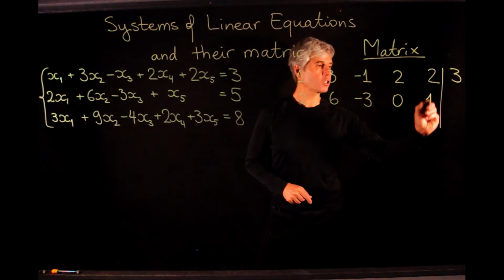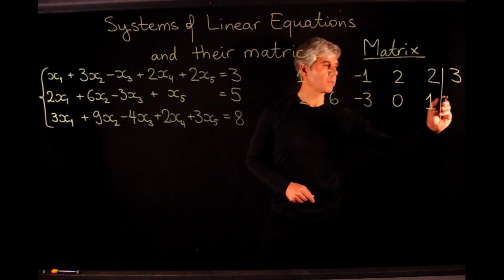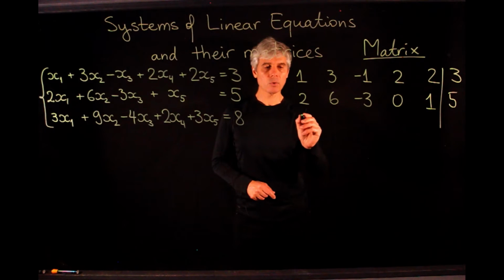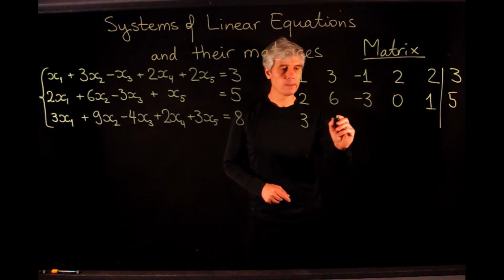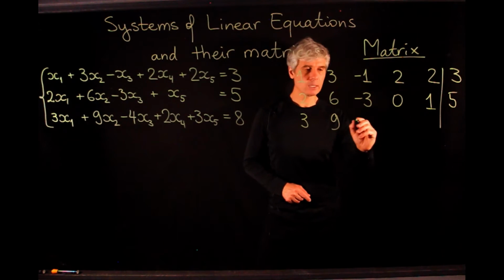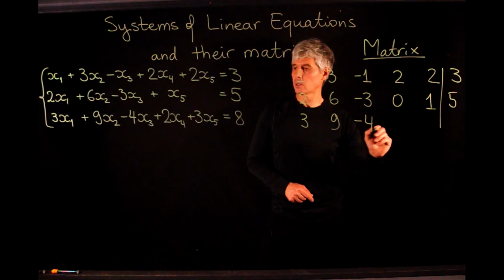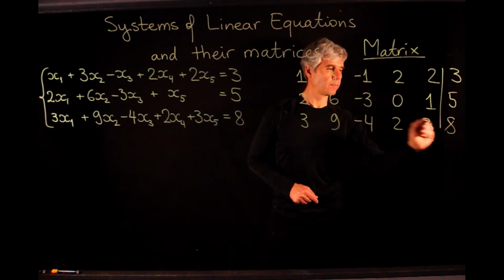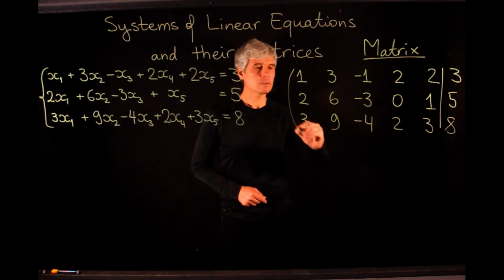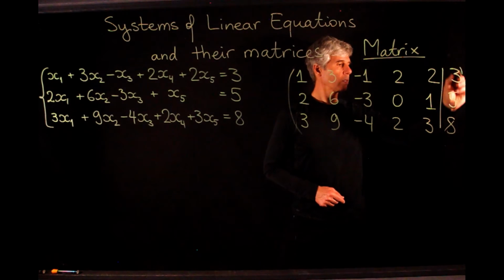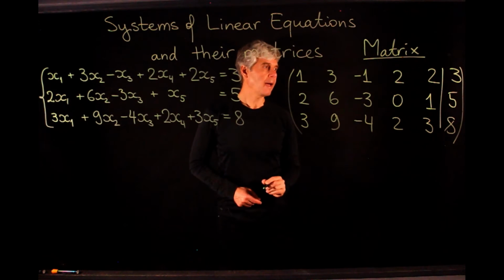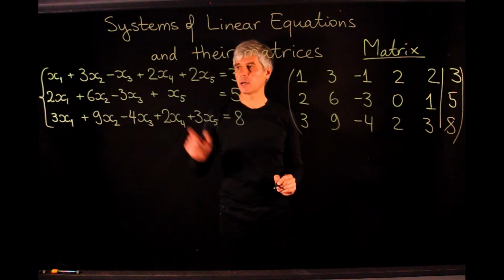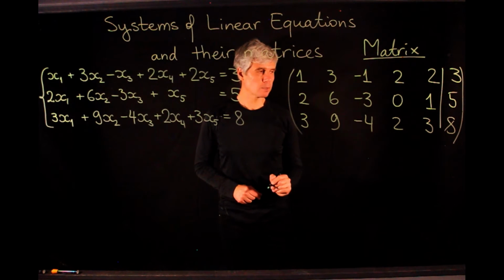Then the coefficient of the x5 term is 1, and the right-hand side coefficient is 5. And then the last row will be 3, 9, minus 4, 2, 3, and 8. Then we enclose this with brackets, and so this becomes the matrix of this system of linear equations.